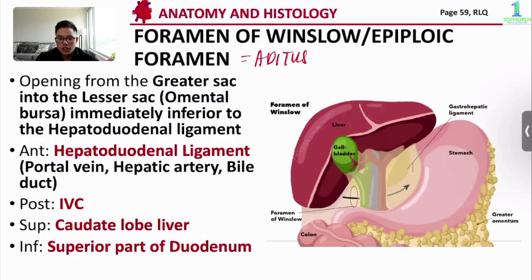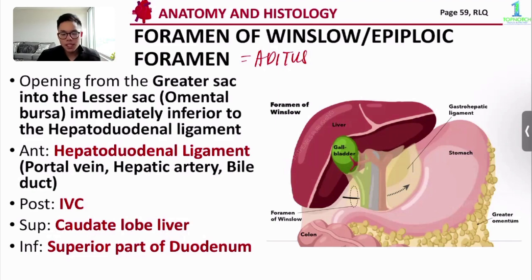You have there the anterior hepatoduodenal ligament. Posterior to your finger, it's going to be the IVC. Inferior to it, it's going to be the superior part of the duodenum, which is your D1. And the caudate lobe above it, which is the superior border of the epiploic foramen.